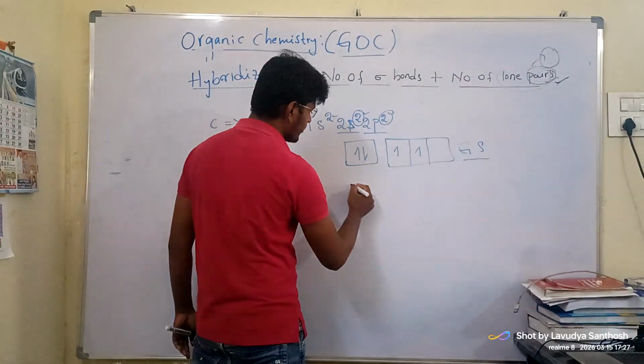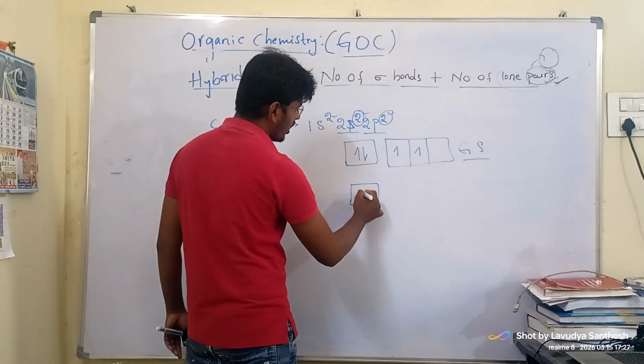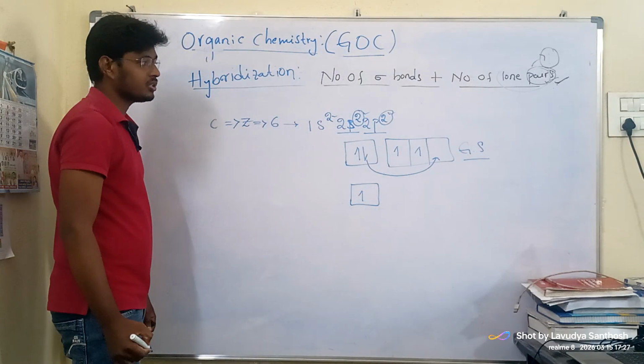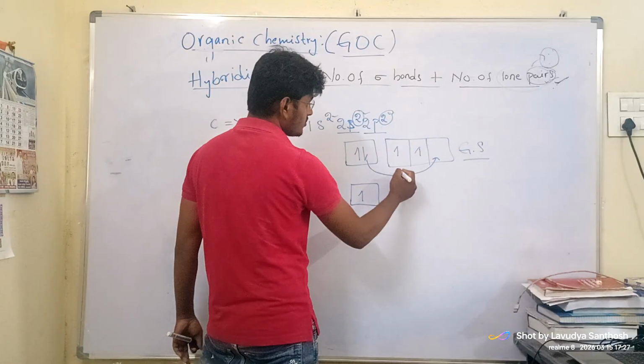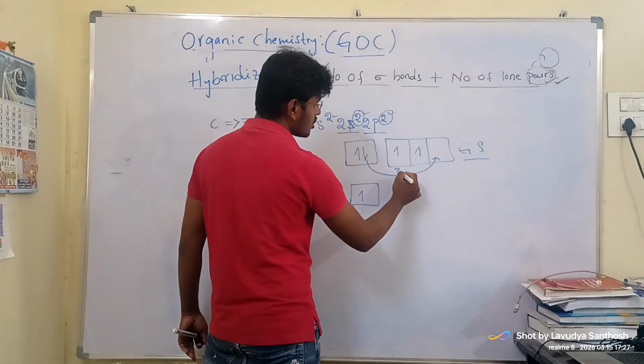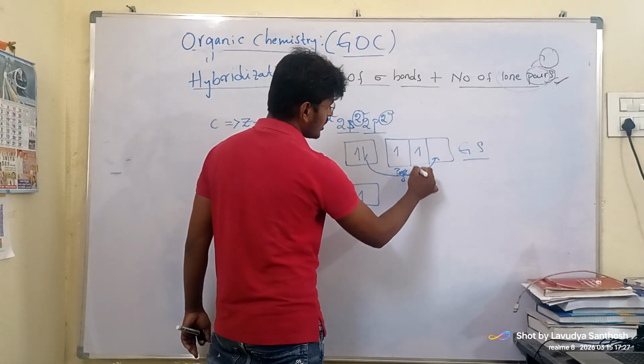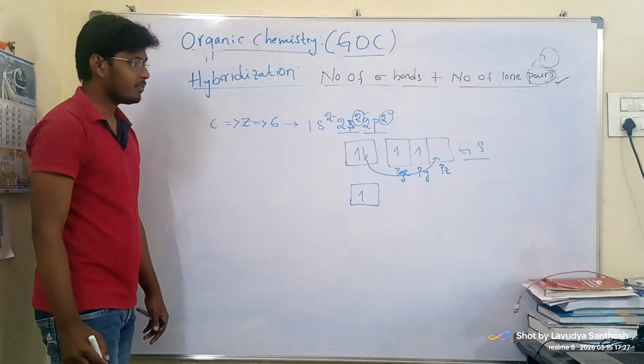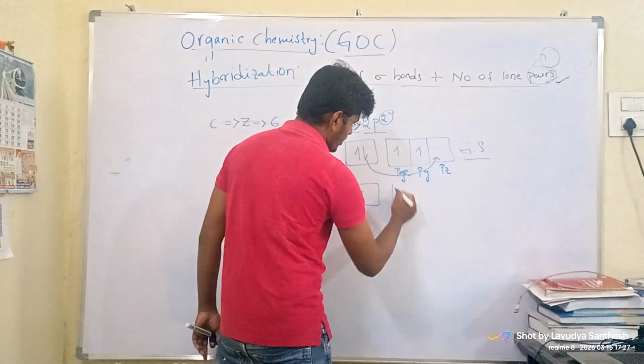Now for the excited state configuration, we will write one electron migrated to px, py and pz. Now you see here.